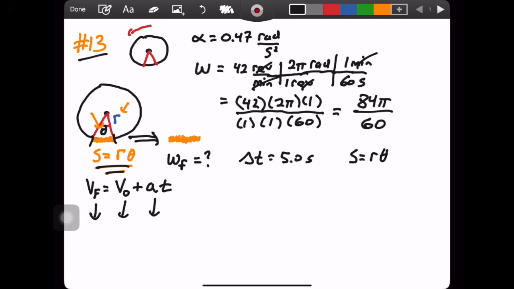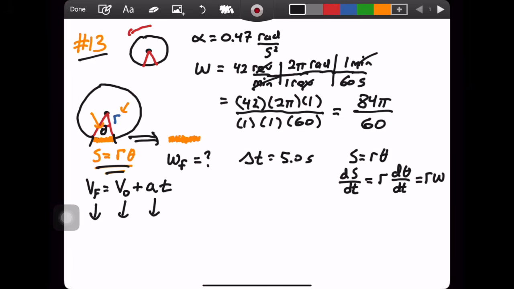just like when I took position and took the derivative of that to find the velocity, if I have ds dt, that is equal to r d theta dt, which is equal to r omega.